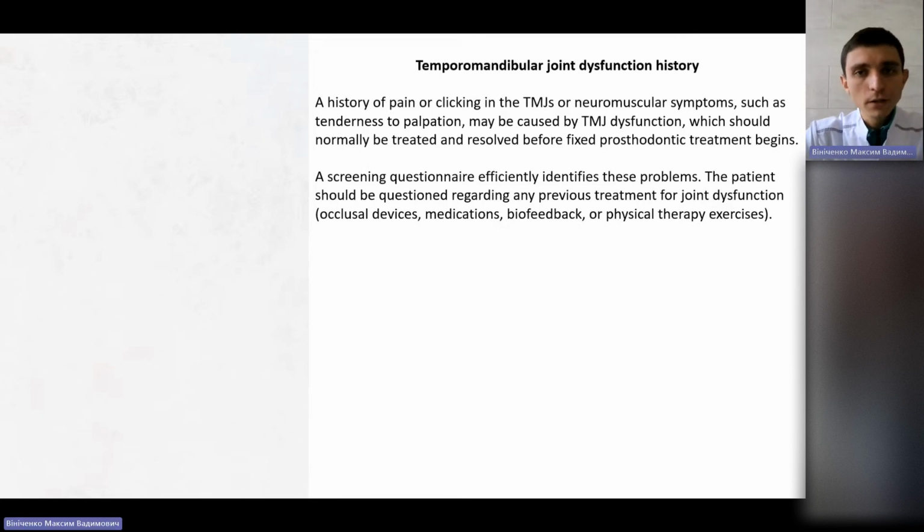There are two big categories. As a wider category, these are patients with ideal dentition or class 1, dental and skeletal, but they have a problem with TMJ dysfunction.